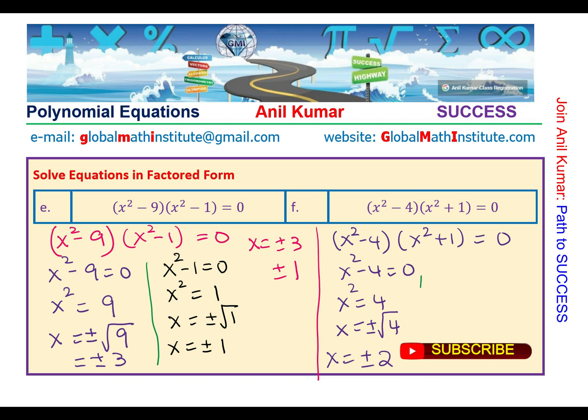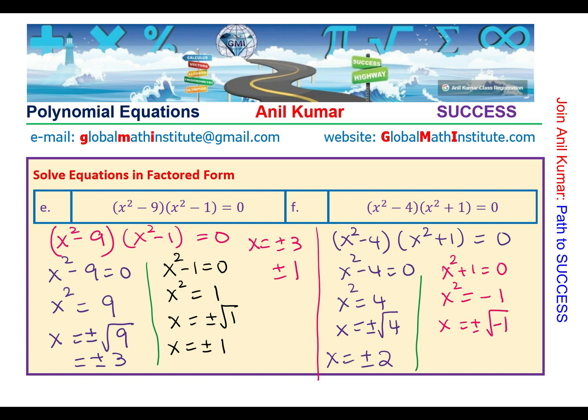Now on the other hand, we have x square plus 1 equals to 0 means x square equals to minus 1. Now you can do plus minus square root of minus 1. Now square root of minus 1 in the domain of real numbers has no solution.